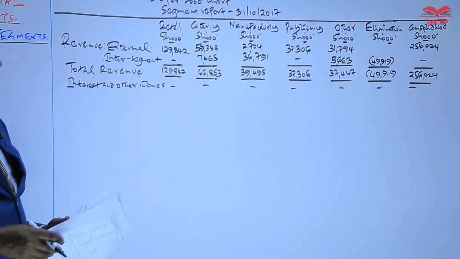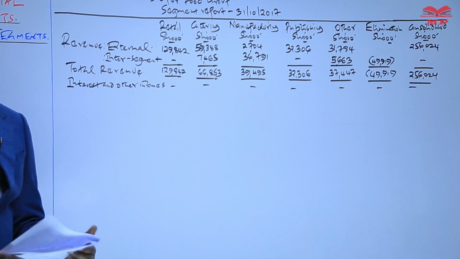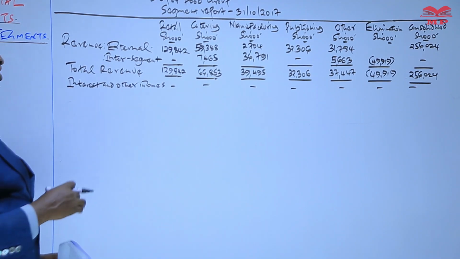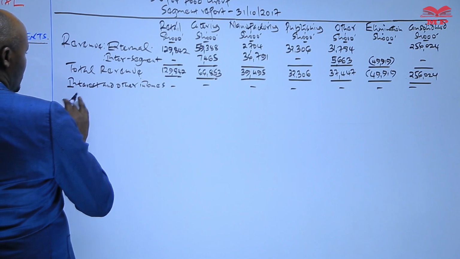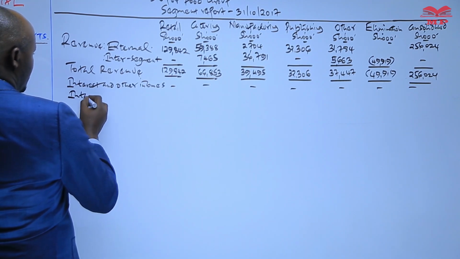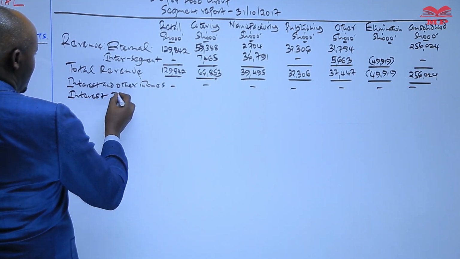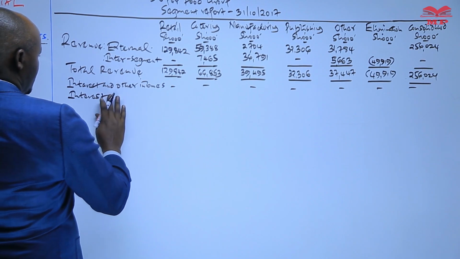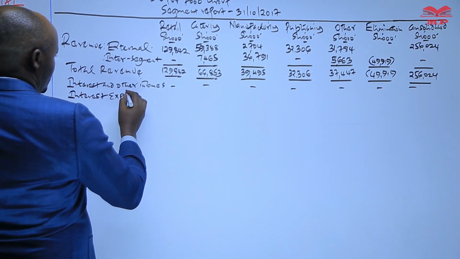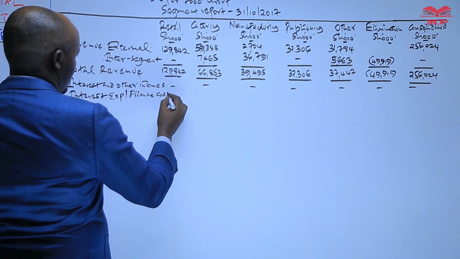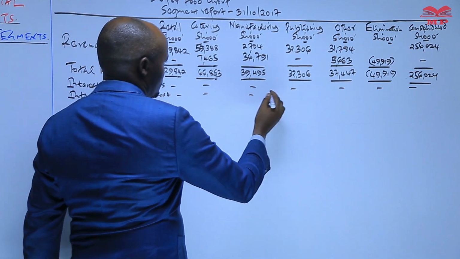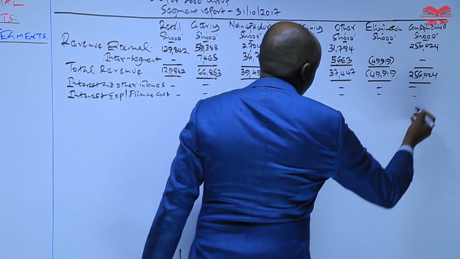So some of these items are not given. But remember, if we are given the interest and other incomes, we come and record that here. And also we record things like the interest expense, which is also known as the finance cost. Equally, we are not given this information.